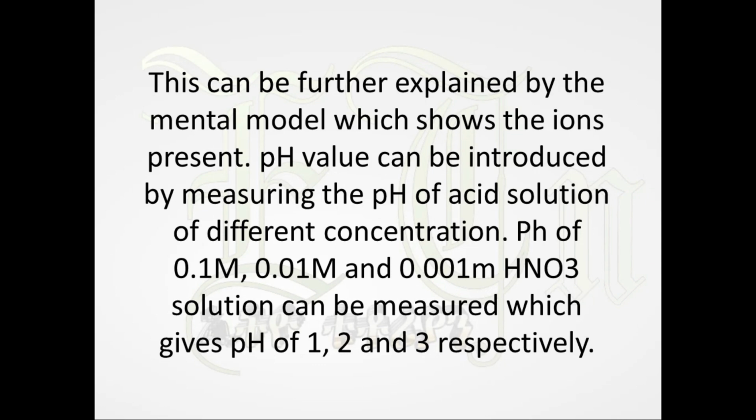pH value can be introduced by measuring the pH of acid solution of different concentration. pH of 0.1 M, 0.01 M and 0.001 M HNO3 solution can be measured, which gives pH of 1, 2, and 3 respectively.